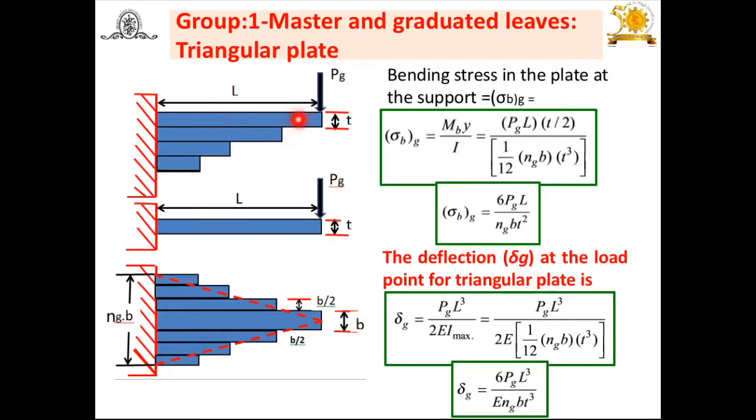Its position is shown here, and if you look at the front side, the length is L, the force taken by the master and graduated leaves is PG, and thickness is T. To make the analysis, we have to cut this leaf into two parts longitudinally, and after cutting, keep half on the top side and half on the bottom, half on the top and half on the bottom.